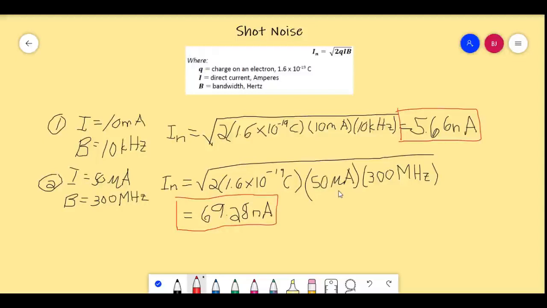Is the signal power large enough to overpower the noise? Then it's good to go. But if they're almost the same, then that would be a big problem. So let's take a look at how we are able to calculate signal to noise ratio, noise factor, and noise figure.